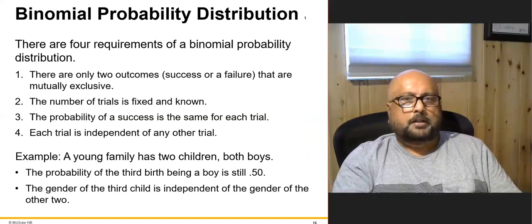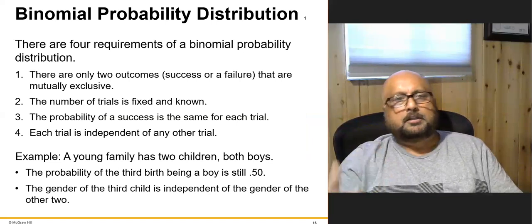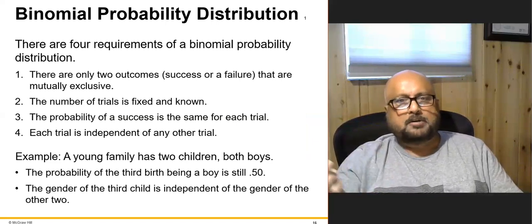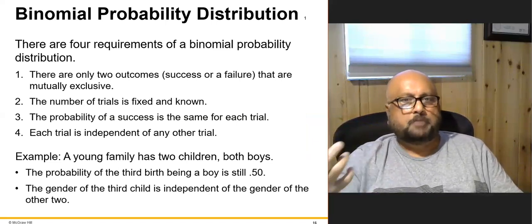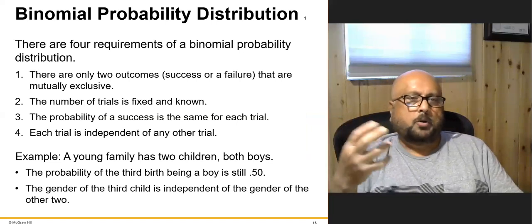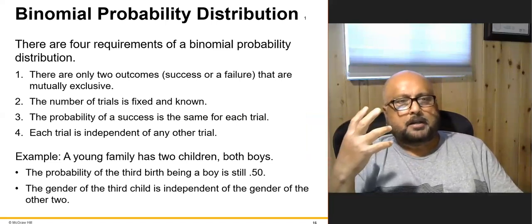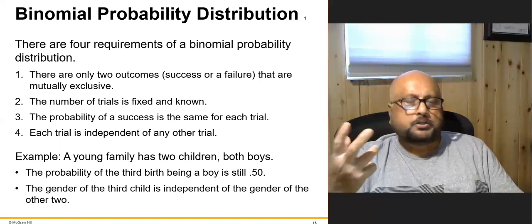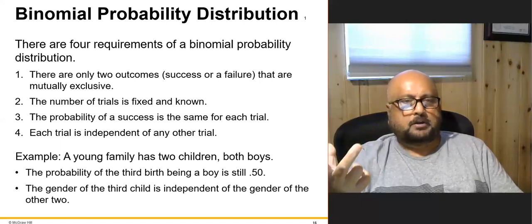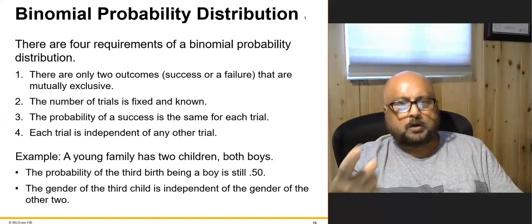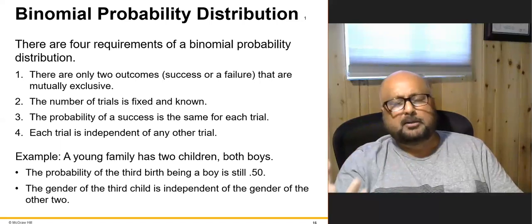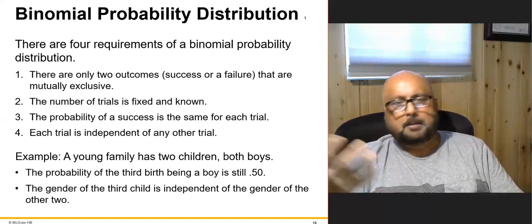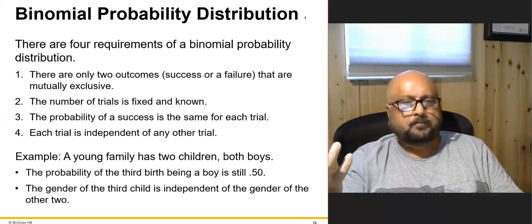So now this is another form of a discrete probability distribution called the binomial probability distribution. As you know, binomial has only two values, two outcomes. That's why it's called binomial. Only two outcomes, either success or failure, or either true or false, like a Boolean type of relationship, right?